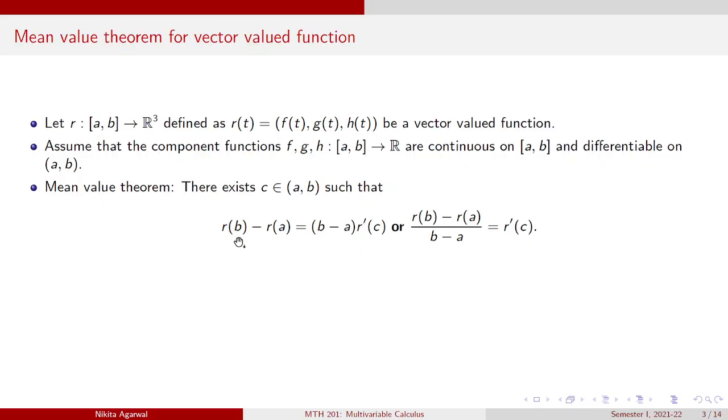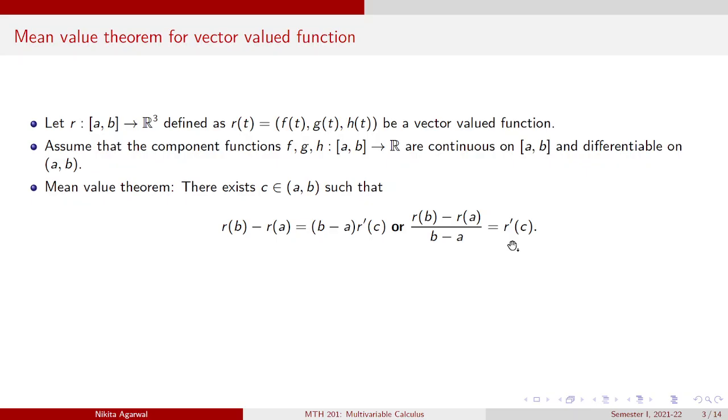So you can see that on the left you have a vector, on the right r'(c) is a vector and (b minus a) is a scalar. So you are multiplying this vector r'(c) with this scalar (b minus a). And this can also be written as (r(b) minus r(a)) divided by (b minus a) is equal to r'(c).